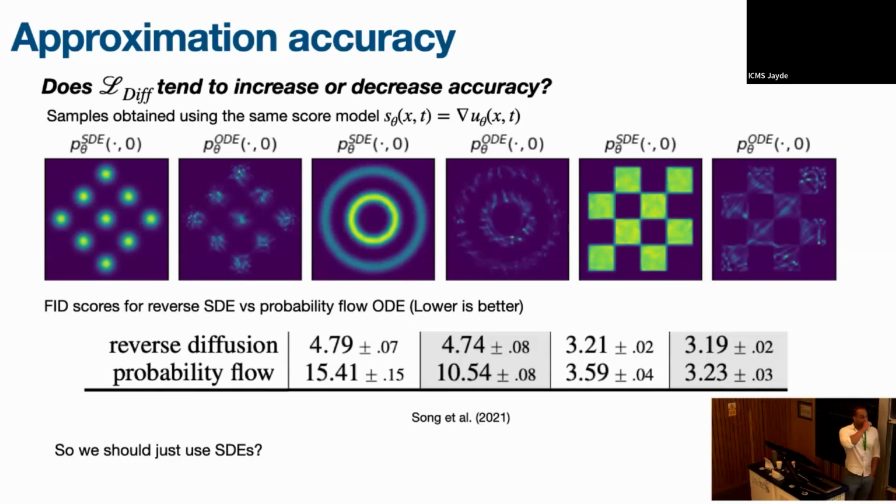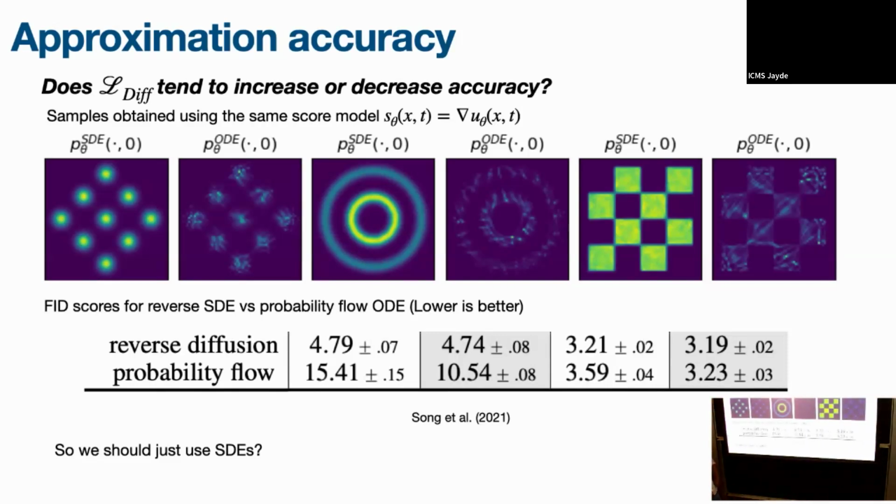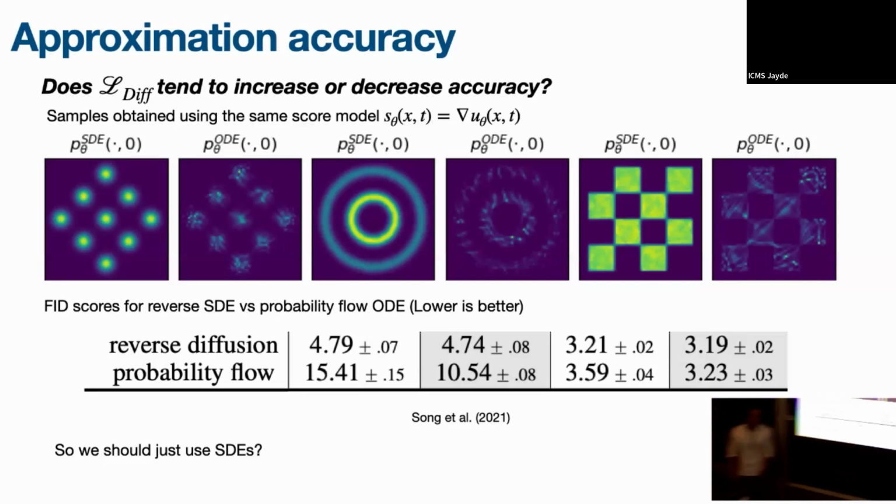And this table at the bottom shows some results. These are FID scores for the two models trained with the same score model. And in the literature, the same thing has been found, that the ODE does worse than the SDE in most cases. So should we just use SDEs?